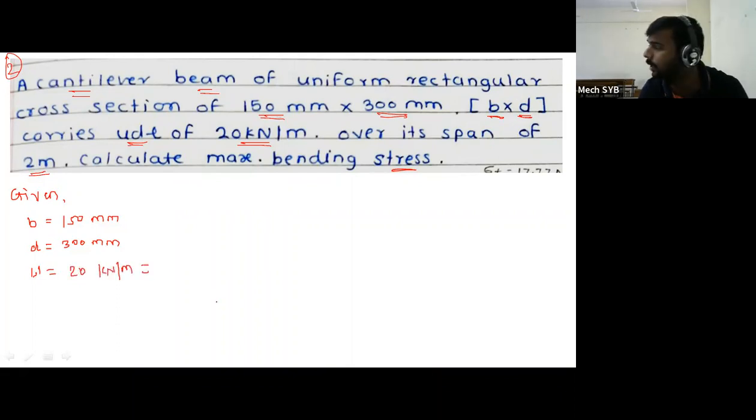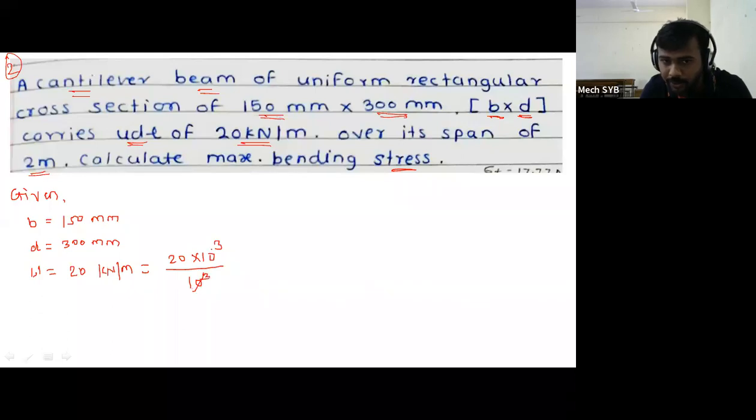We have to convert this into Newton per mm. So 20 into 10⁻³, kilonewton to Newton, and meter to mm gives another 10⁻³, so the 10⁻³ will cancel. Your W value is equal to 20 Newton per mm.